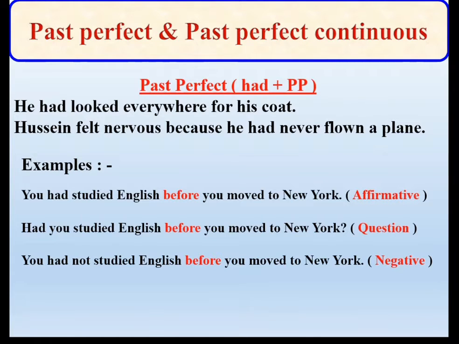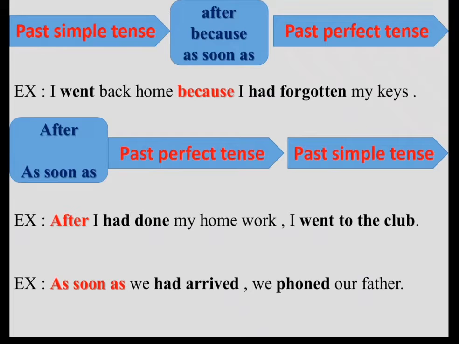You had not studied English before you moved to New York. It is the negative shape, okay, of past perfect as you see. But to explain the two actions, we need to remind you of the past simple tense.